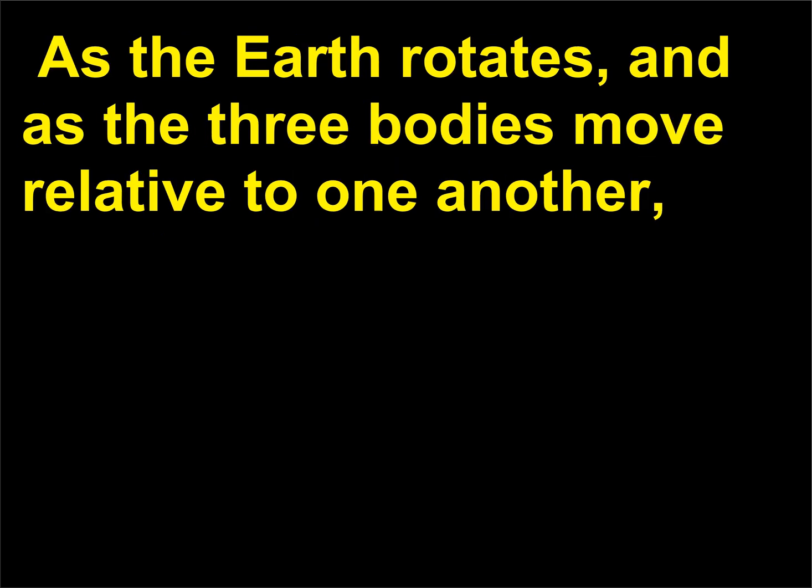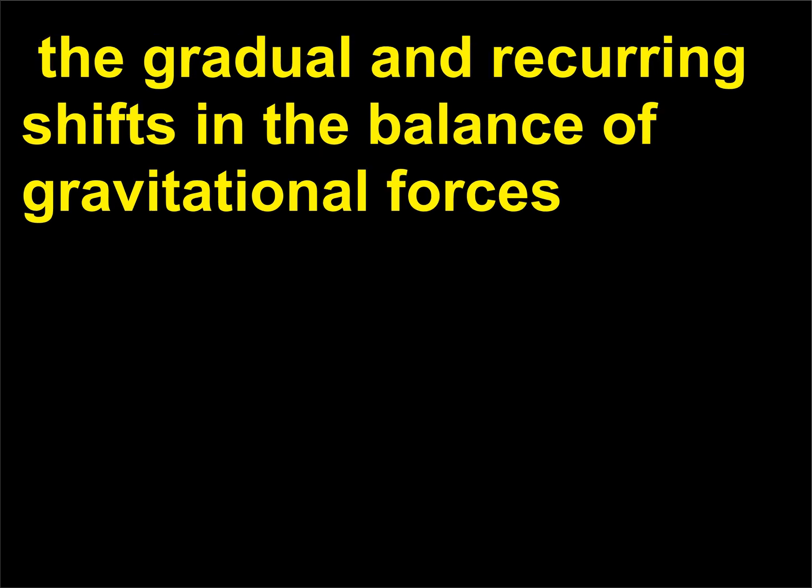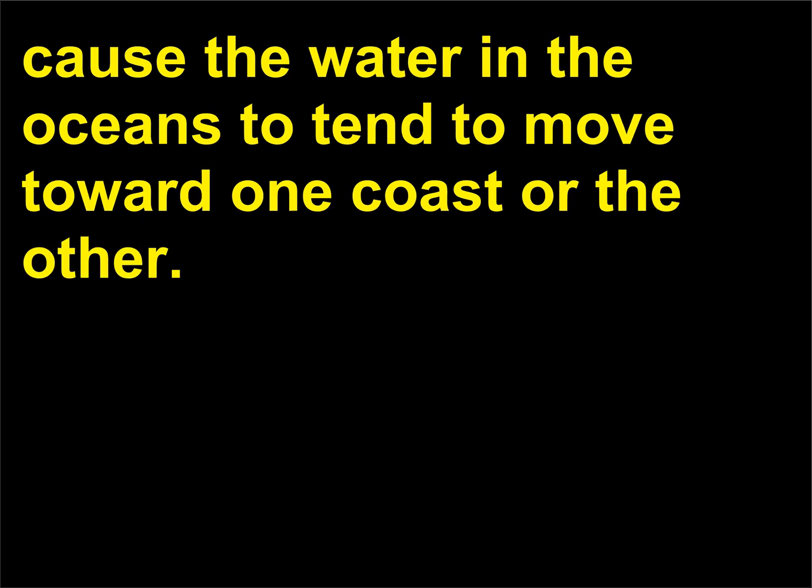As the Earth rotates, and as the three bodies move relative to one another, the gradual and recurring shifts in the balance of gravitational forces cause the water in the oceans to tend to move toward one coast or the other.